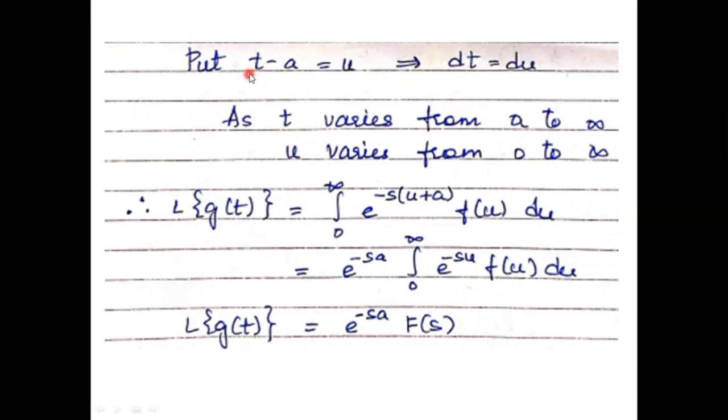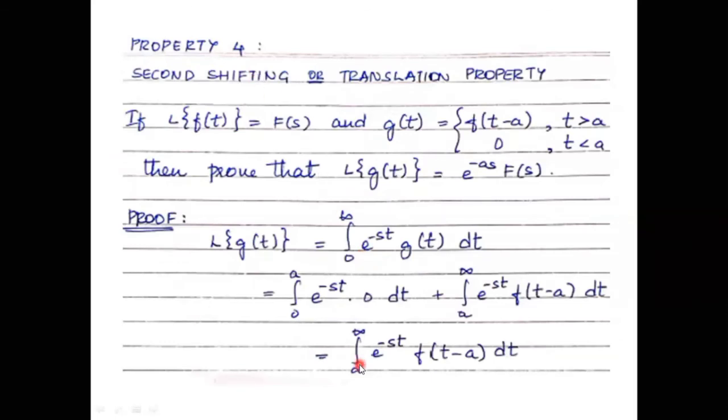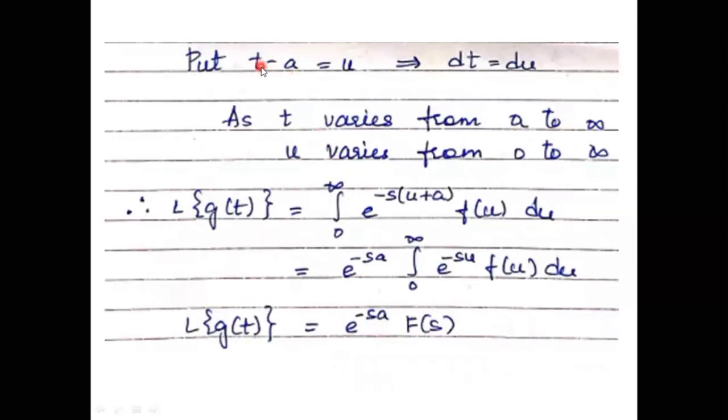As t varies from a to infinity, when t is a you will get u as 0, and when t is infinity, u will also be infinity, since infinity minus a is infinity.